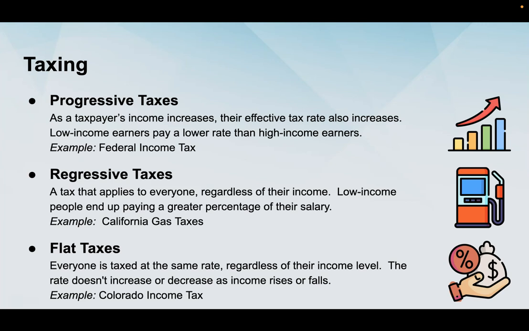Now, the idea of progressive taxes is that as somebody's income increases, their effective tax rate is also going to go up. What this means in practice is that low income earners are going to pay a lot less in taxes, at least as a percentage of their take-home pay, than somebody who makes a lot of money. This is the way that the federal income tax is structured.